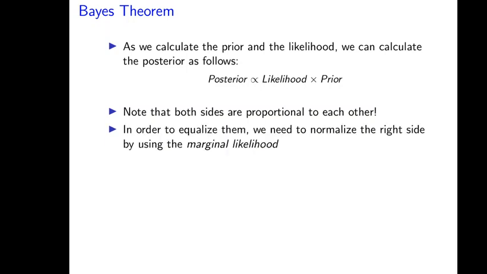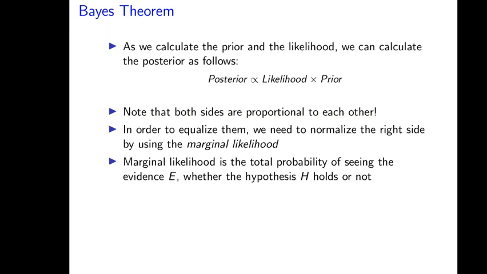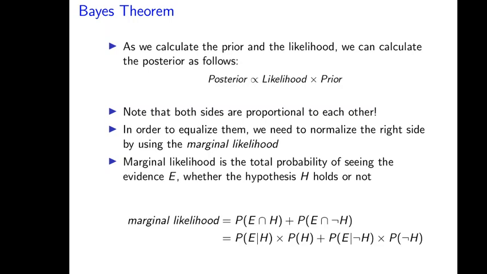In order to equalize both sides of this relation, we need to normalize the right side by using another component called the marginal likelihood. Marginal likelihood is the total probability of seeing the evidence E whether the hypothesis H holds or not. We express it mathematically as follows.